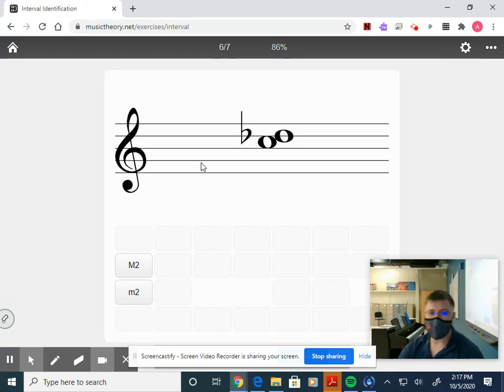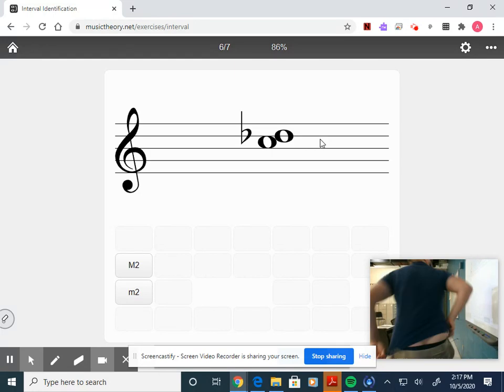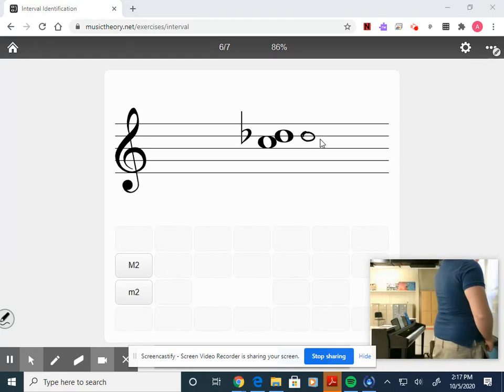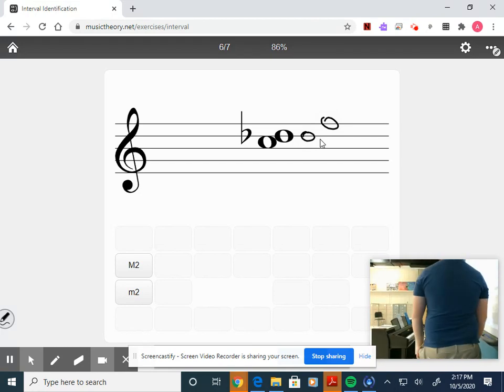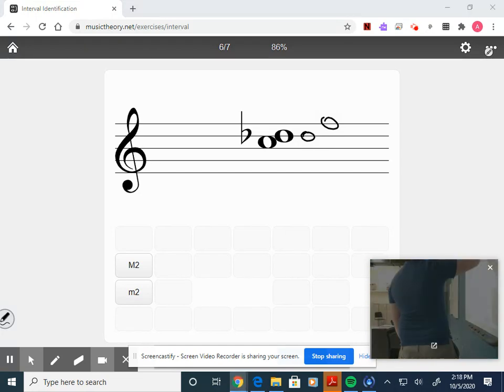Well, D would be this 4th line, and F would be this line here. So it would be here and here. If we're talking about firsts, seconds, thirds, fourths, it's a third, right? Because we have D, E, F, we're on that 3rd letter, it would be a third. Exactly. So you get the idea.